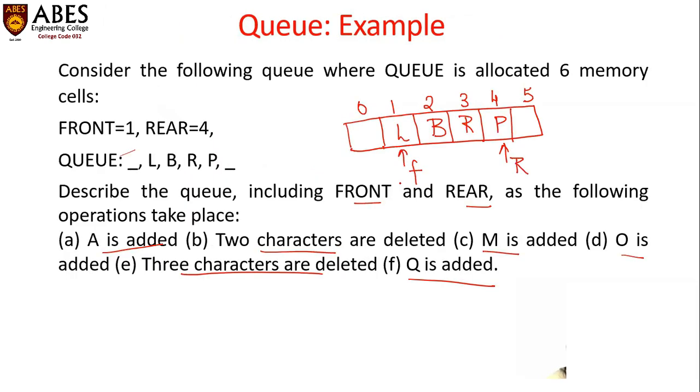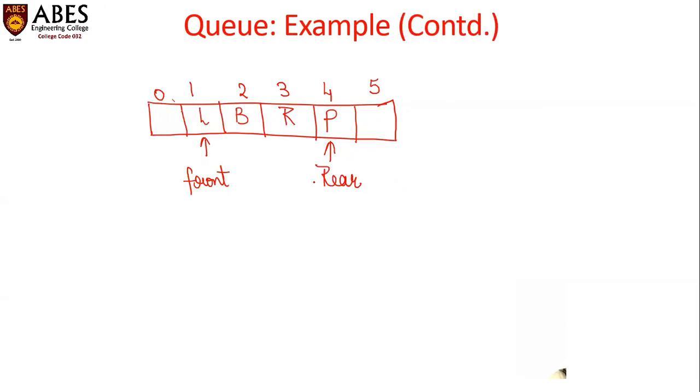The first operation which needs to be performed is: A is added. For performing any addition, rear needs to be updated by 1. It means rear should be shifted to rear plus 1, and we have to add A.